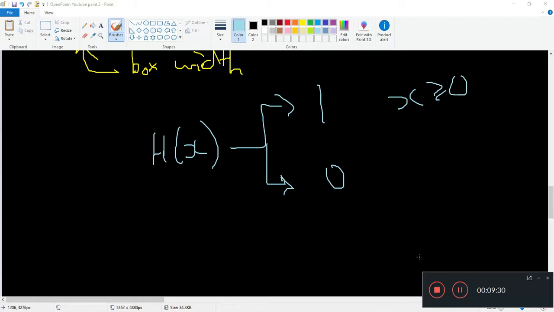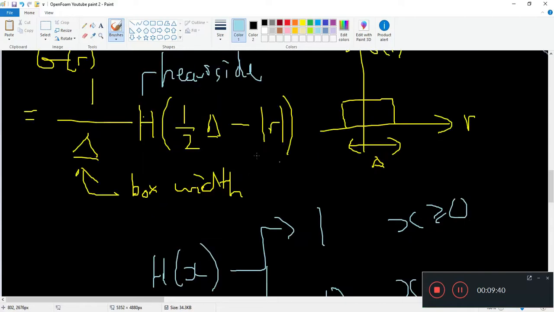It is 0 for, let's say, x less than 0. So where x is greater than 0, you have this function half delta. Half delta is half the length of the box.